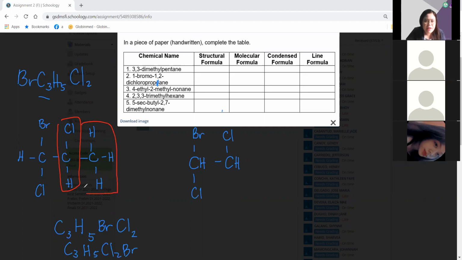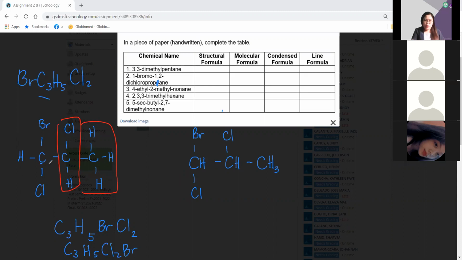No problem with that. And then the last carbon here, we don't have substituents anymore, so CH3. So this is now the condensed formula of our 1-bromo-1,2-dichloropropane.